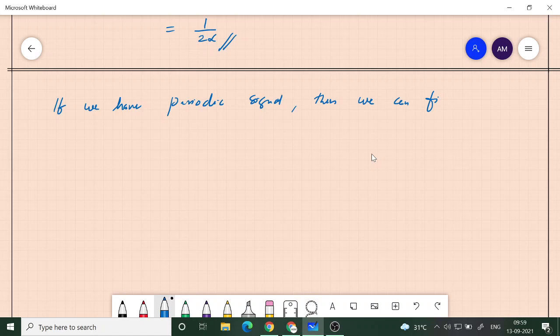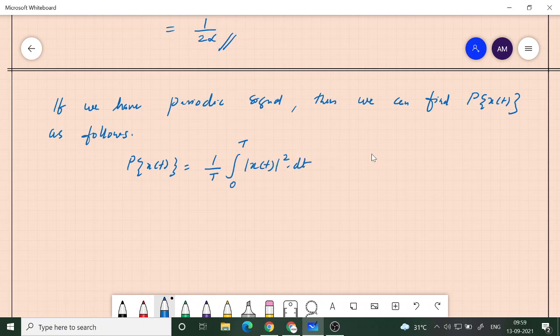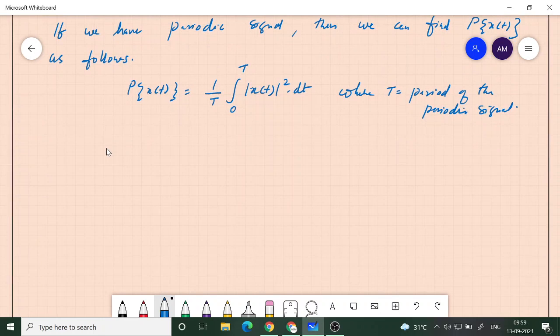If you have a periodic signal, then we can find P of x of t as follows: P of x of t is equal to 1 by T, integral from 0 to T, modulus square of x of t dt, where T is the period of the periodic signal. Okay, so let's take the cos omega t example.